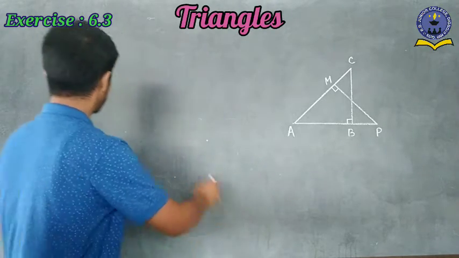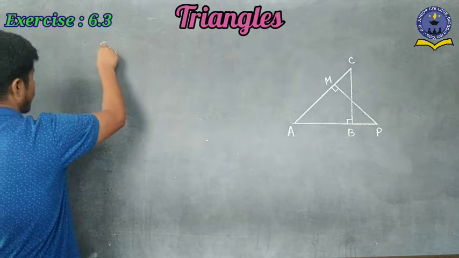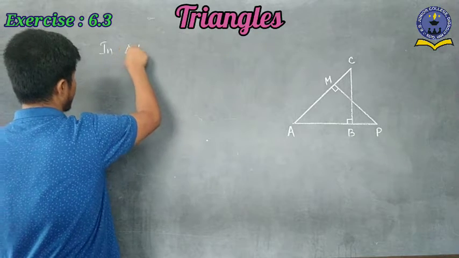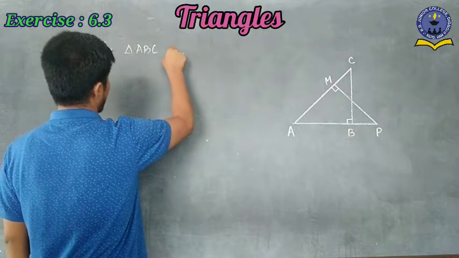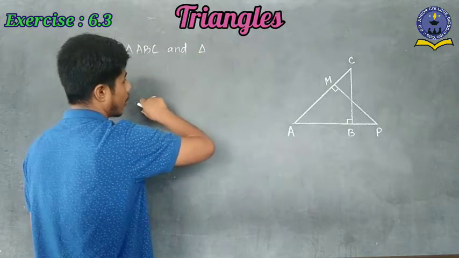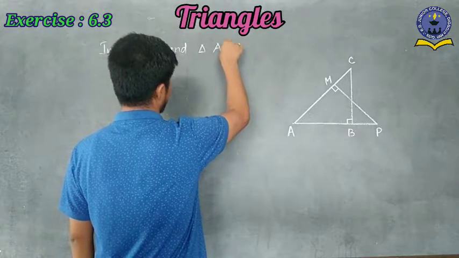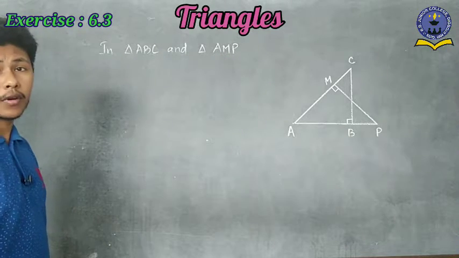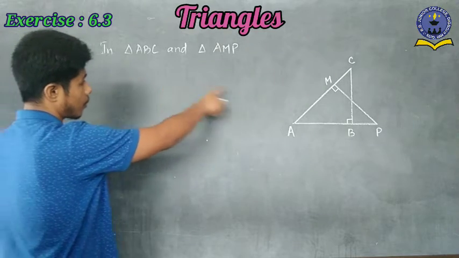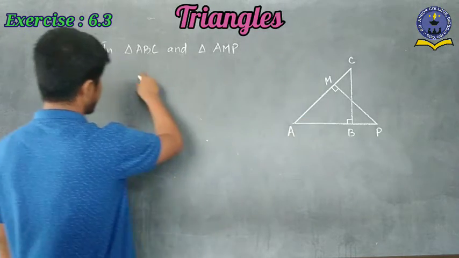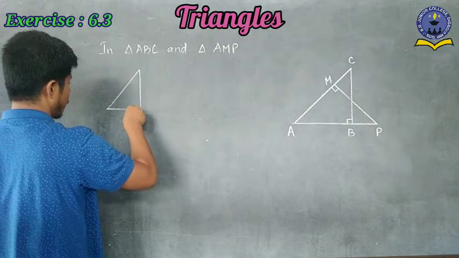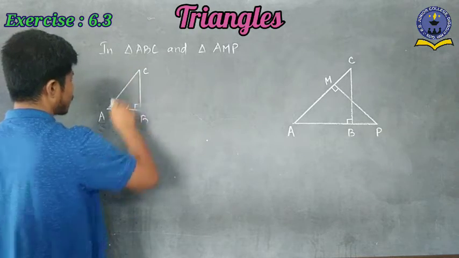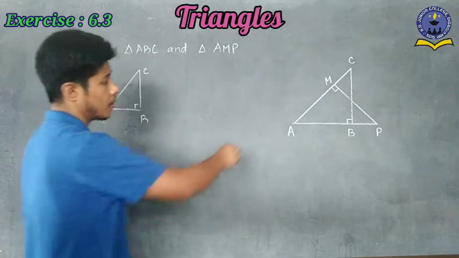If you take the triangles separately, in triangle ABC and triangle AMP, we draw the diagram separately. Here this one is B, this one is A, 90 degrees, and here it is C, that is ABC, and another one is AMP.